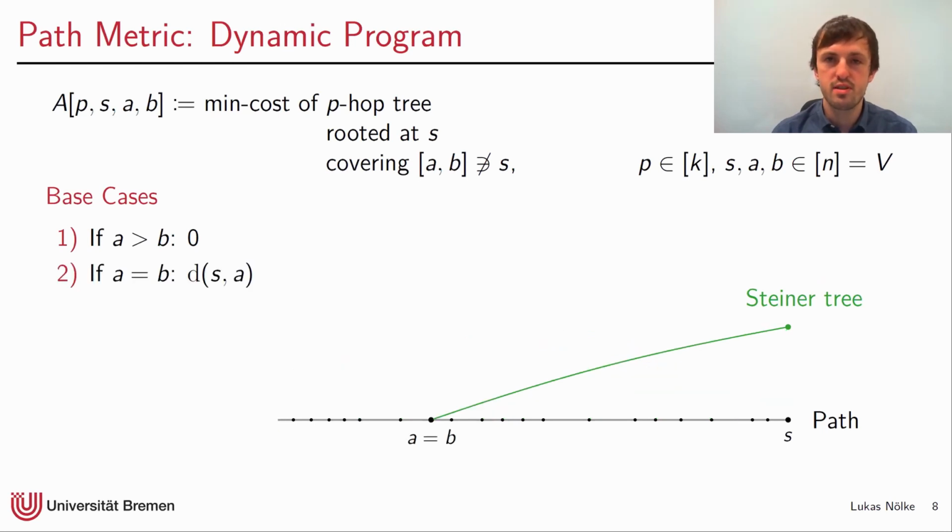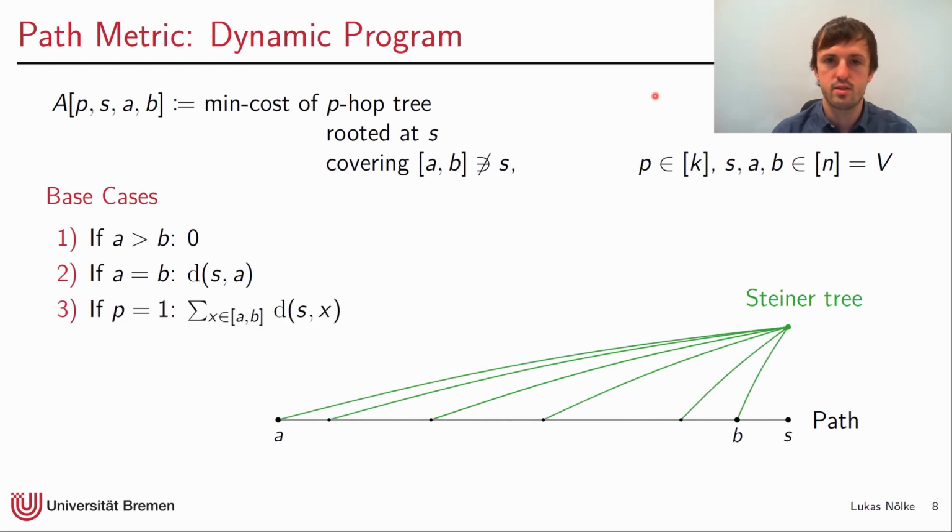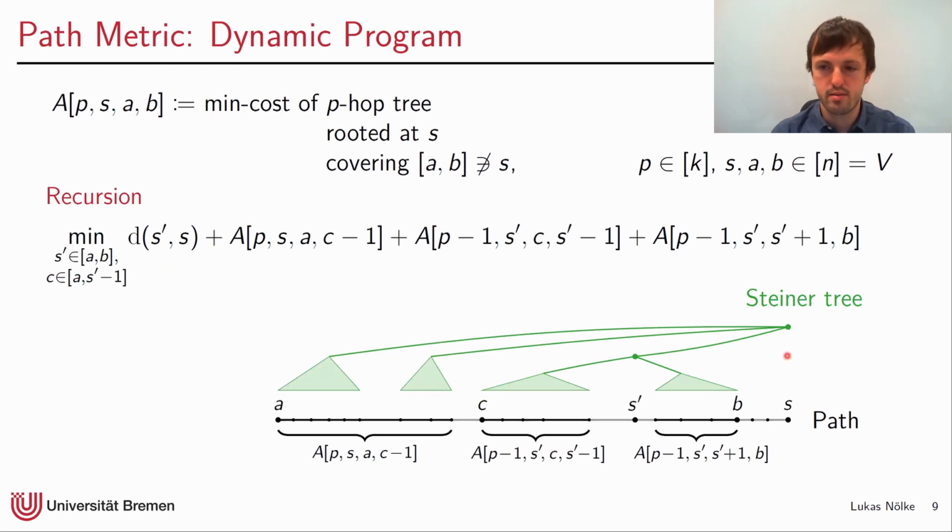If A equals B, then we just have a single node, and this will be attached directly to S, so our cost is the distance between S and this node. And the last base case is when P equals 1, so we only have one hop to give, so every node in the interval AB has to be attached directly to the node S, and we have to sum these costs.